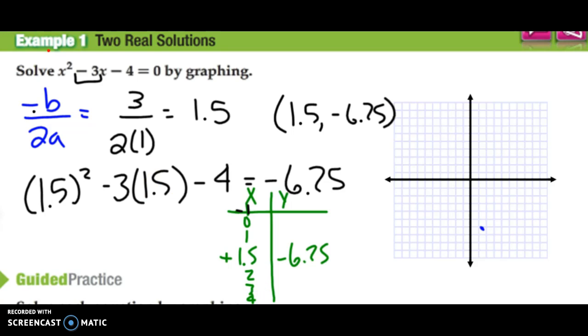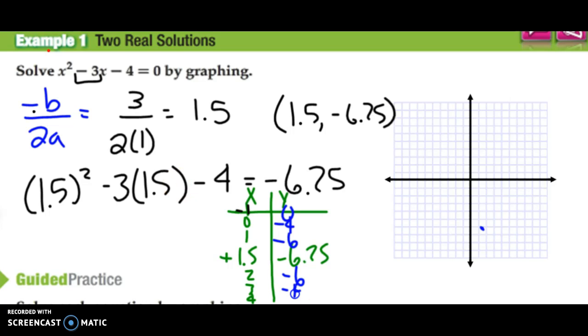Okay? So I go to my y equals x squared minus 3x minus 4, second graph, which goes to my table. And so at -1, my value is 0. At 0, I get -4, then -6 at 1. And then we see it starts repeating itself.